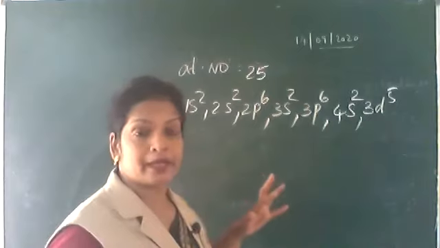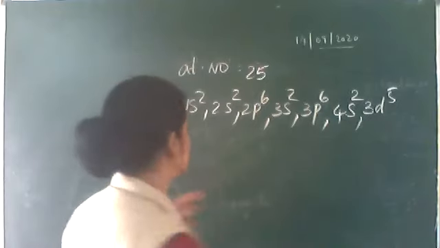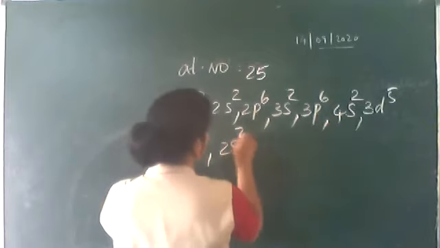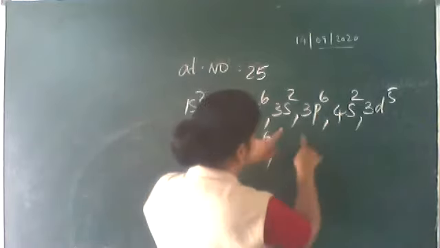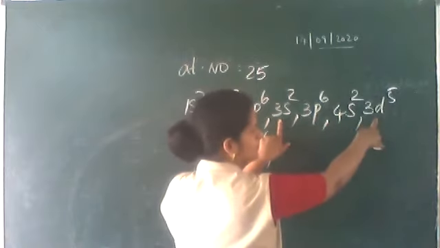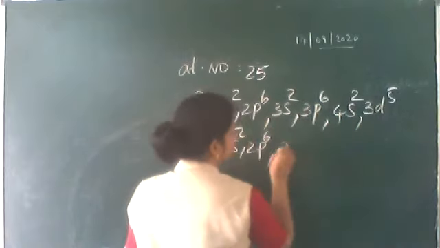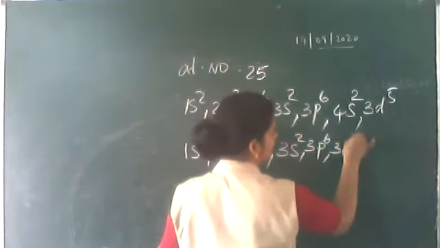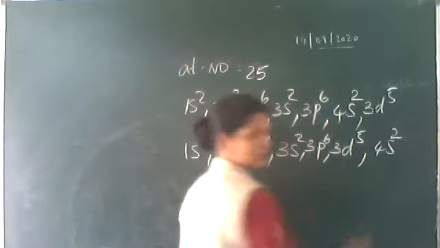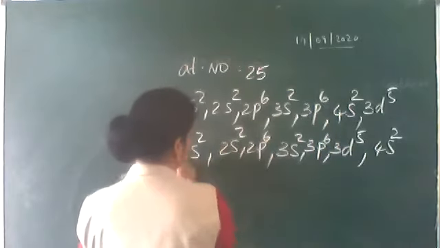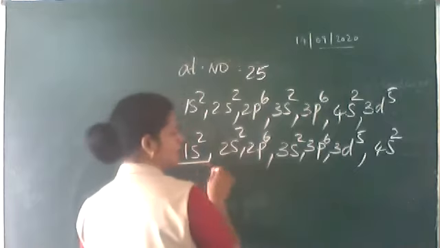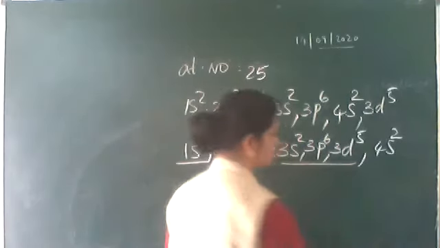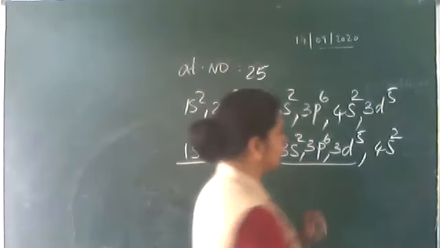For bigger numbers, you have to group it together. So 1s2, then 2s2, 2p6, then 3s2, 3p6, 3d5, then 4s2. In this way, you group orbit 1 all together, orbit 2 all together, orbit 3 all together, then orbit 4.